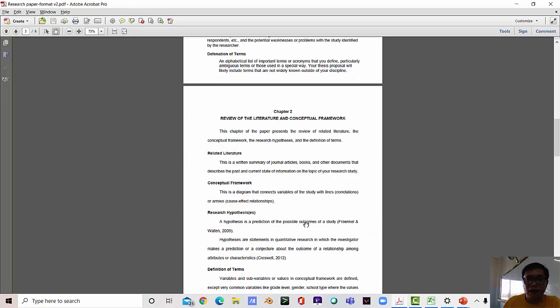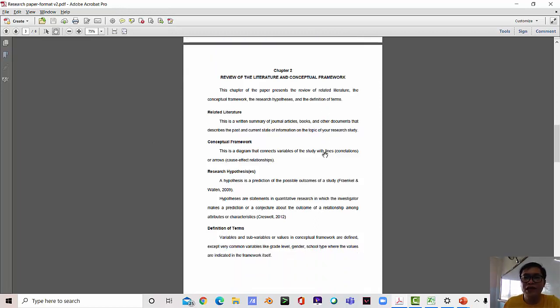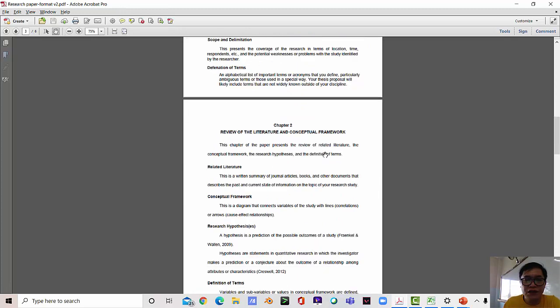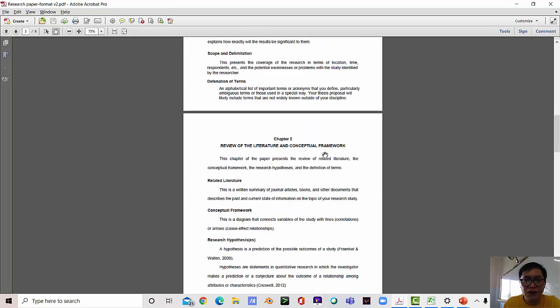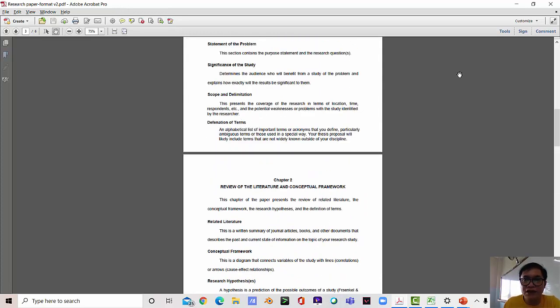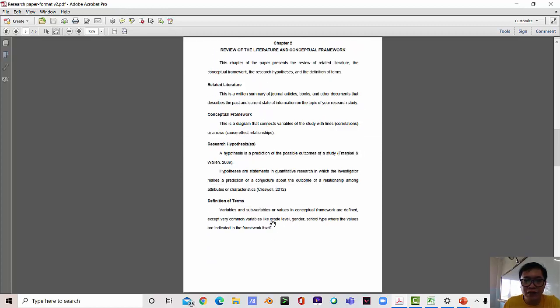Later on, we will have a discussion about the conceptual framework. Review of literature and conceptual framework, that is Chapter 2: review of literature, conceptual framework, research hypothesis, definition of terms. So we will remove the definition of terms from Chapter 1 and put it here instead.